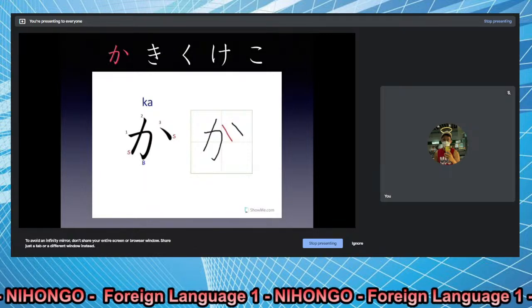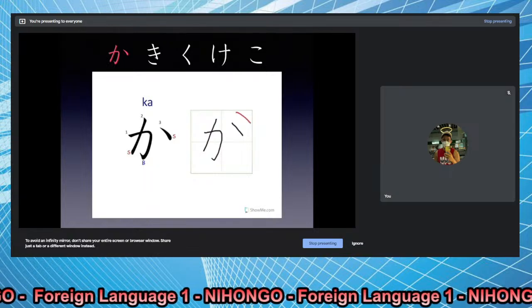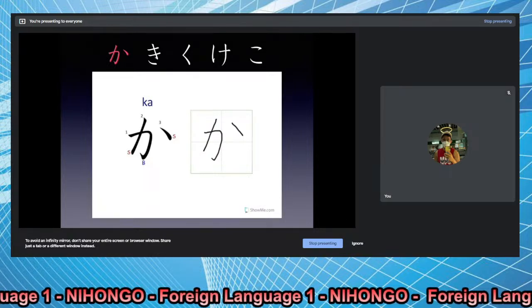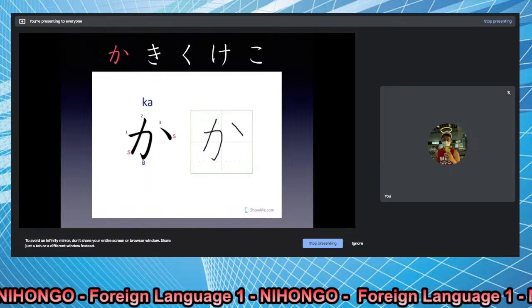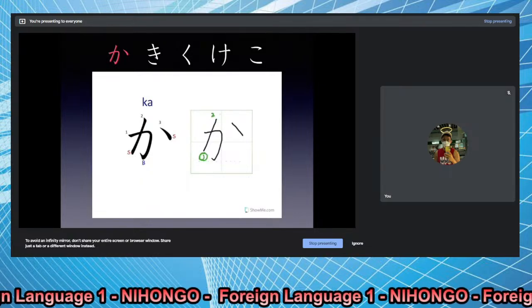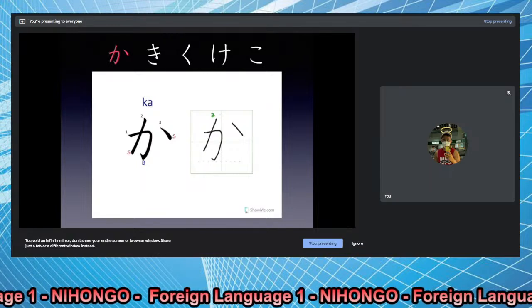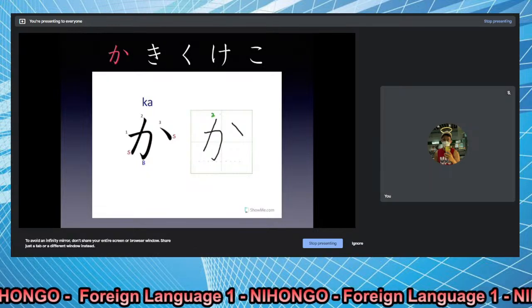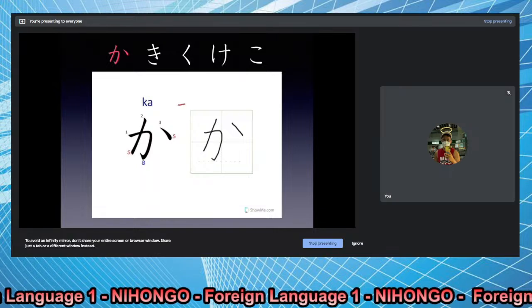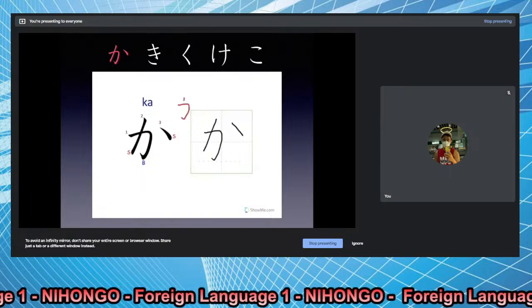This is too close and this is too far. The brush up ending of stroke number 1 marks the bottom line of this letter, and the tip of number 2 shouldn't exceed that line. You stop way before reaching that bottom line. So be careful not to write your ka like this.